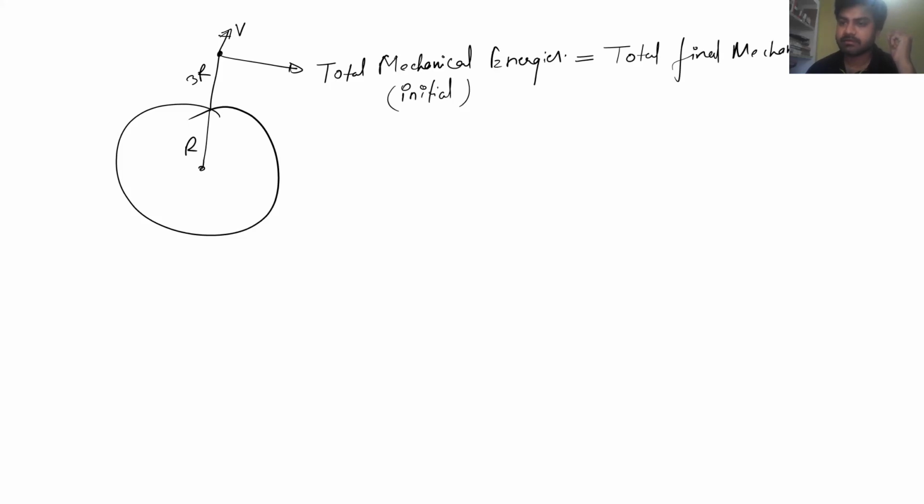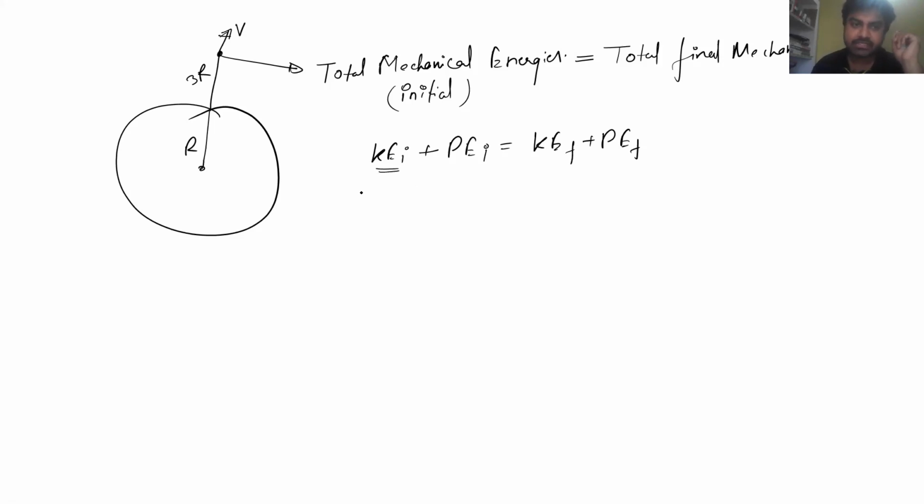So kinetic energy initial plus potential energy initial is equal to kinetic energy final plus potential energy final. We are assuming that when the particle escapes from the Earth's gravitational field, it will have zero velocity as well as zero gravitational potential.